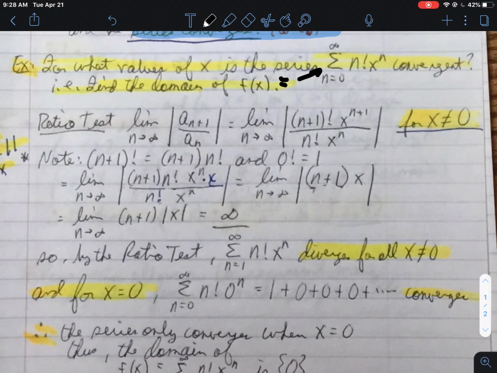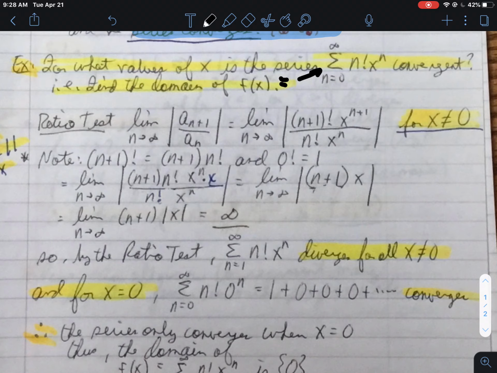That's what we're trying to find, right? We're trying to determine what values of x make this thing convergent, okay? So the absolute value here, I can't just drop completely. I can remove them off of the part that contains the n, because that's always going to give us a positive value. But I do have to keep them around the x.